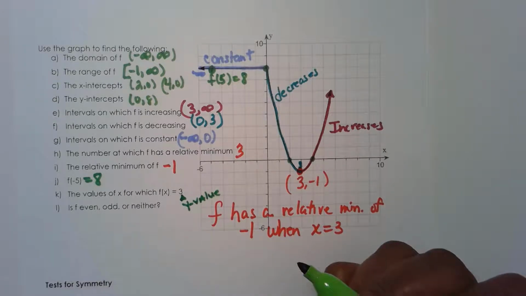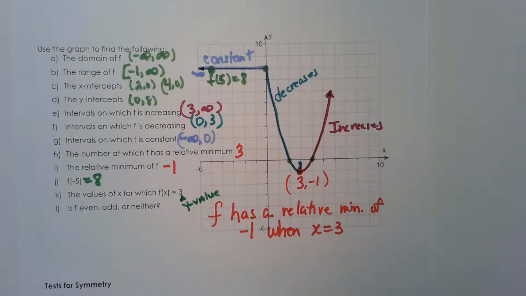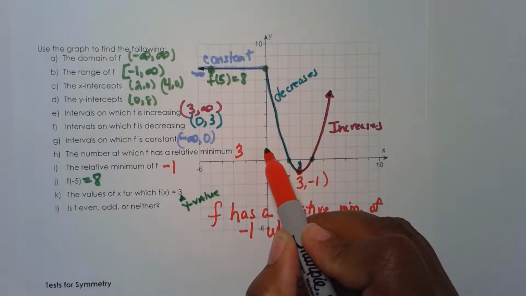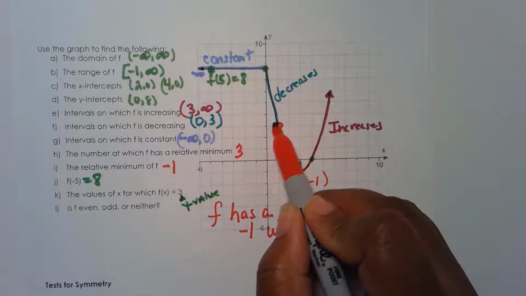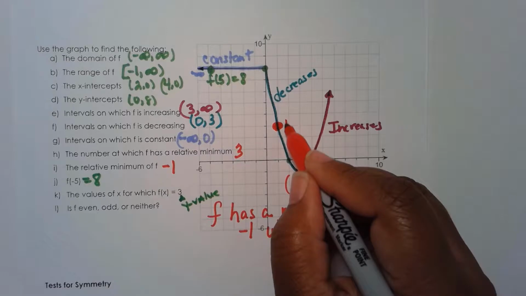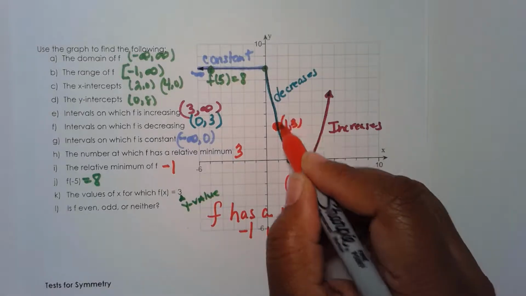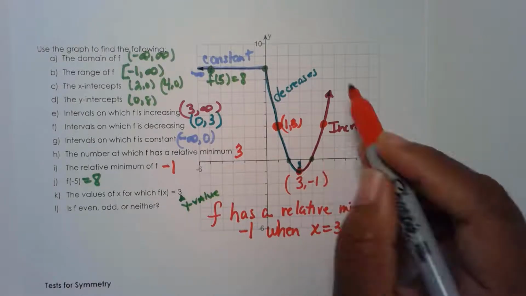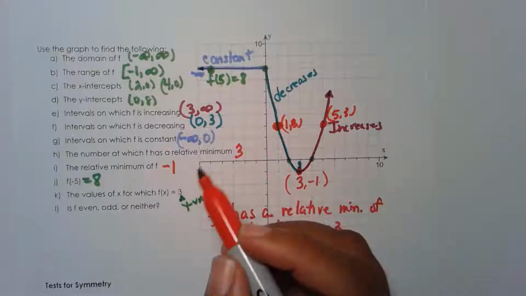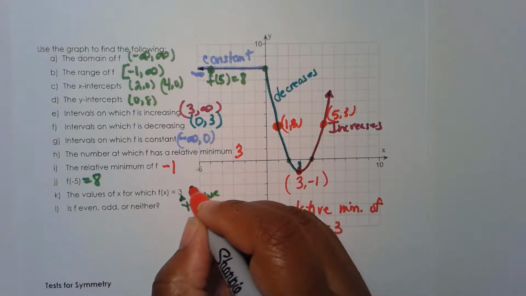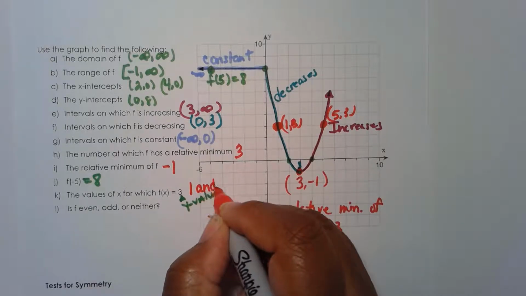What is x? Okay, so your y value of 3, here on the y-axis, 1, 2, 3, I want to find. We have a spot here. Here's a point, 1, 3. And then here we have another one. That's 1, 2, 3, 4, 5. So for k, we would say 1 and 5.